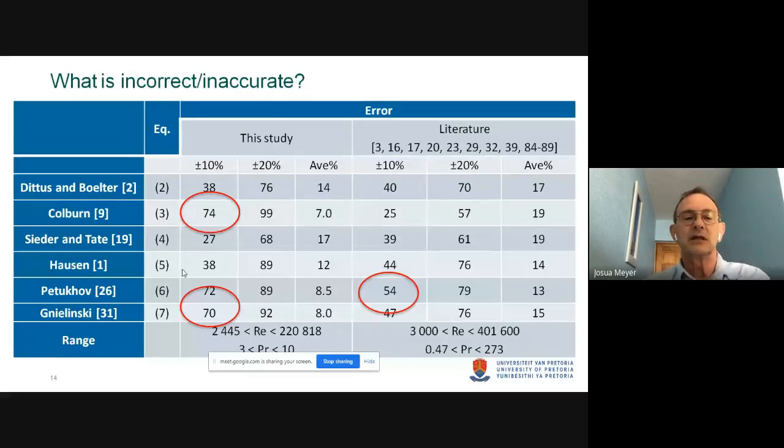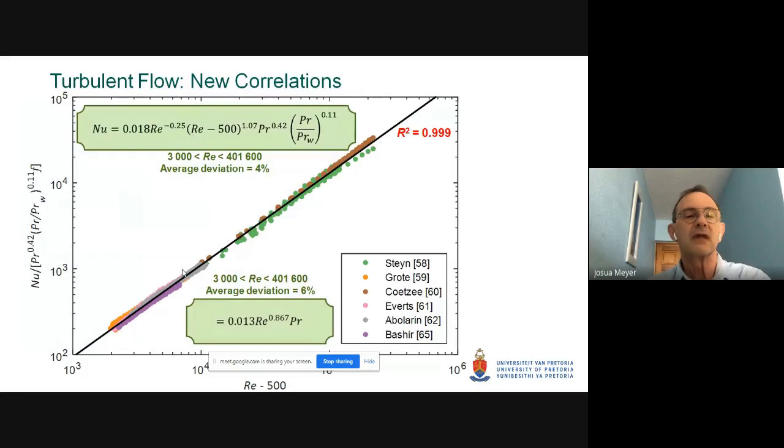Okay, next slide, please. There you go. So this is all our experimental data that we've used, and the result was that we could develop a modified equation. We learned from the Glinsky and the Petukhov equations in terms of this term, where we rather plot the results against Reynolds number minus 500.